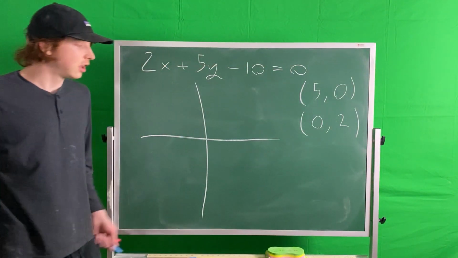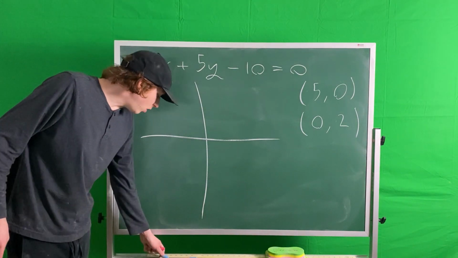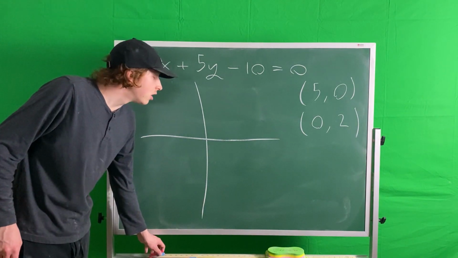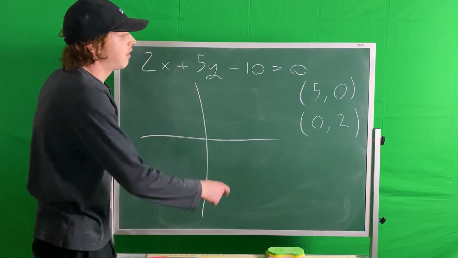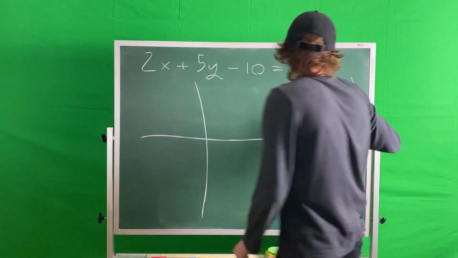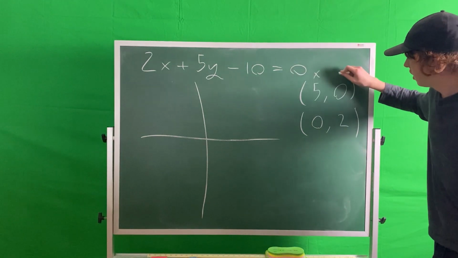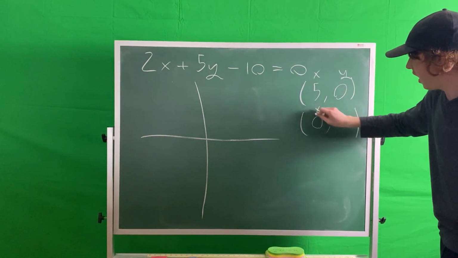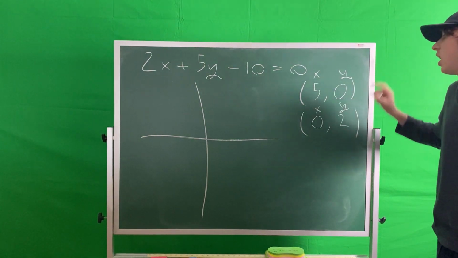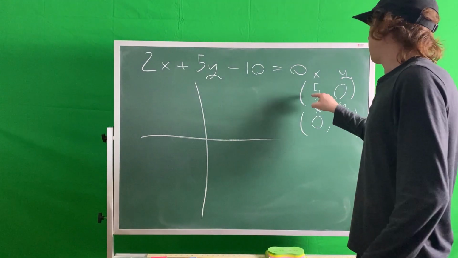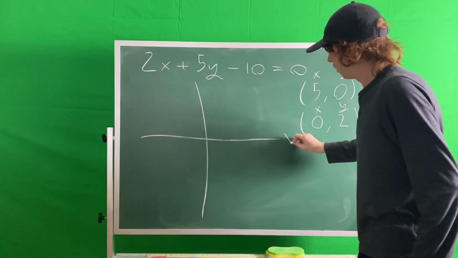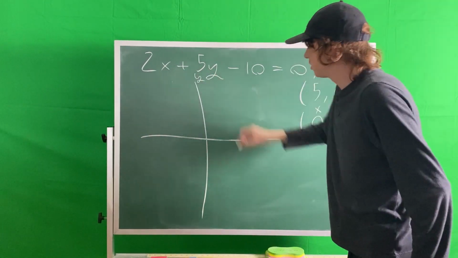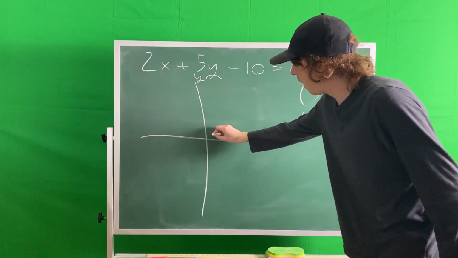All right, so now that we have the board ready to go, let's look at what we have here. So we have 5, 0, and recall that this is our x and this is our y. So here we have x is equal to 5 and y is 0, so this is our x axis, this is our y axis, so we're going to go over 5 units.